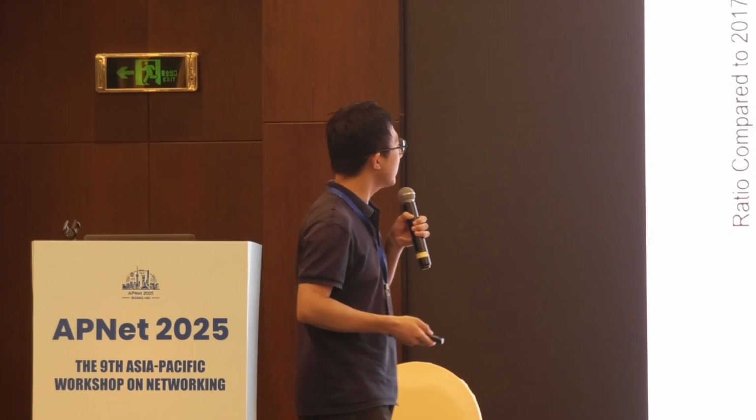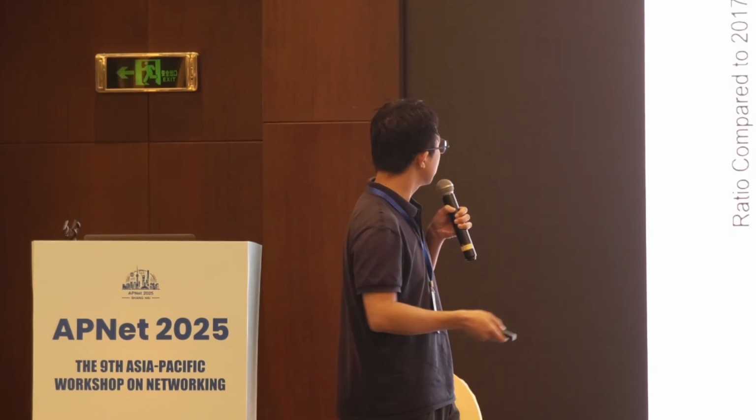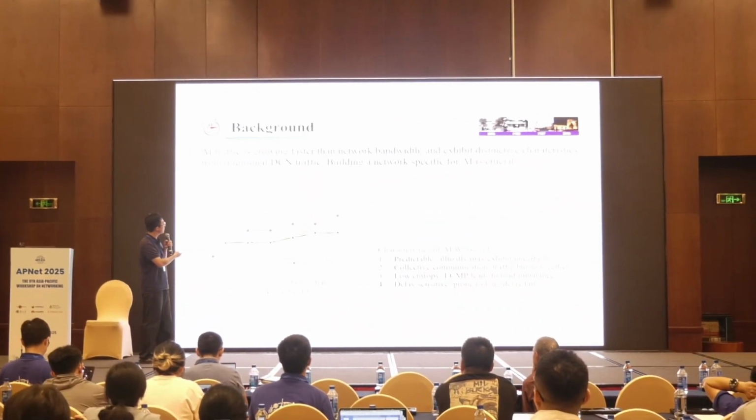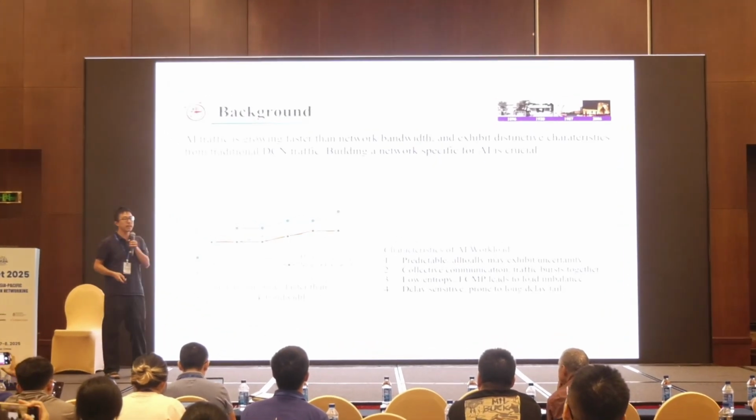My name is Shizhen from Shanghai Jiao Tong University. Today I will talk about the routing design in AI clusters. Currently the AI traffic is growing pretty fast. Starting from 2017, we can see that the AI model size has increased by more than 10 times.